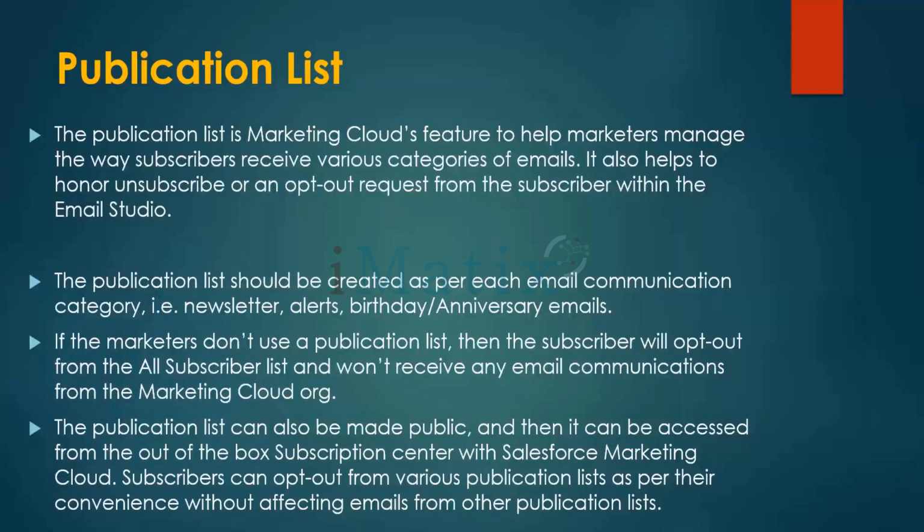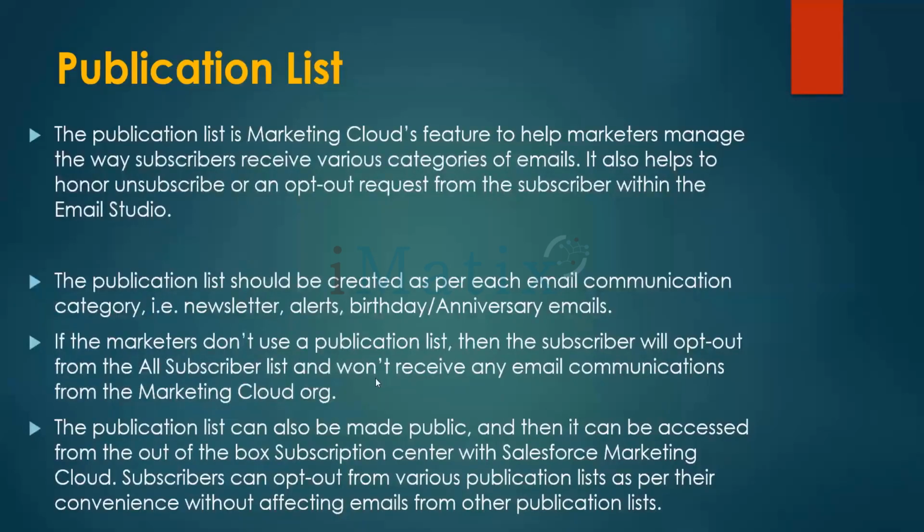If they unsubscribe, they will go out of the system. But here they will go out of a particular category only, and won't receive any email communication from the marketing operation for that list.